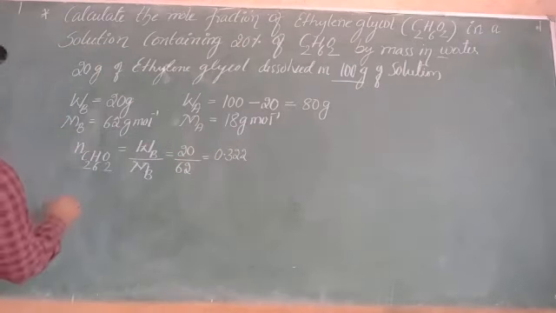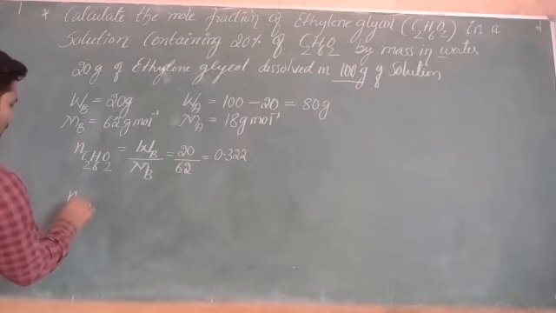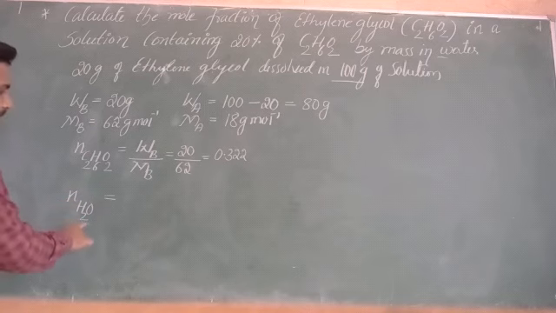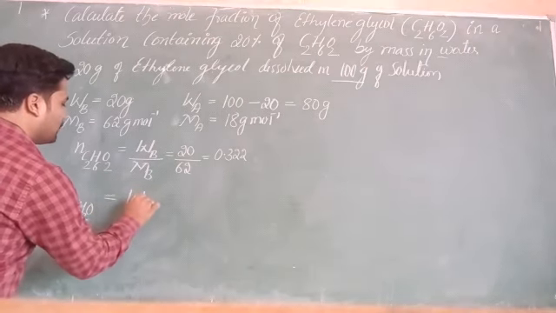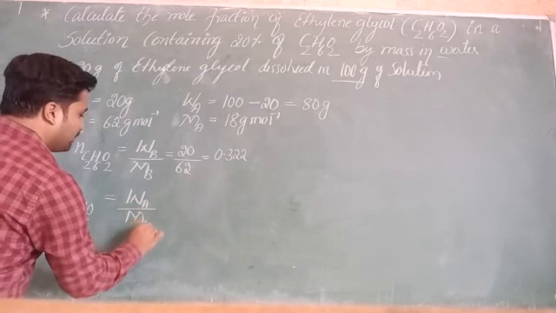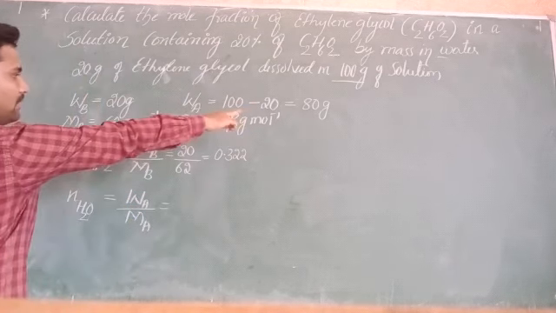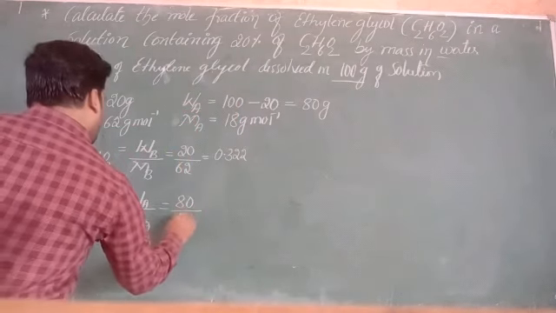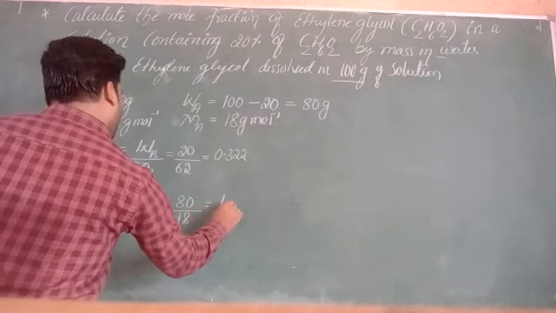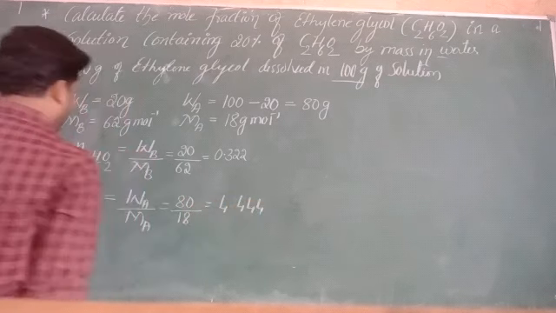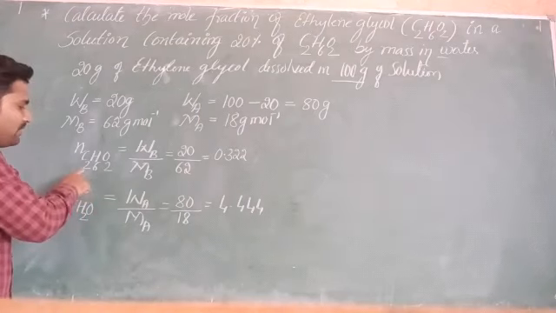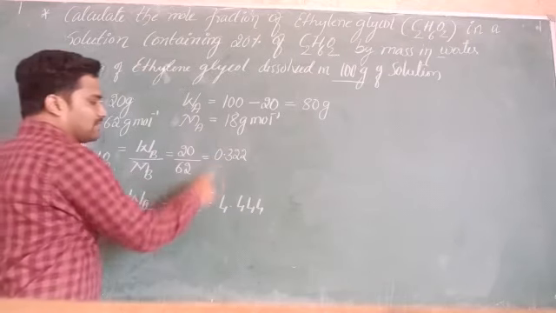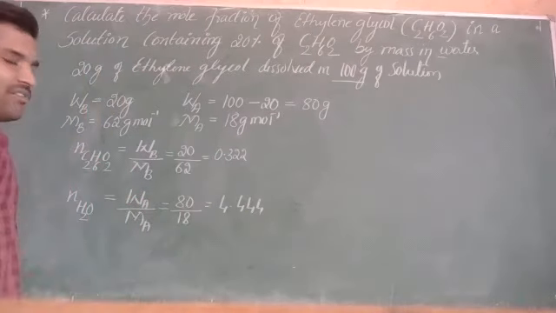So now if you calculate the number of moles of water, that is the number of moles of H2O, then Wa divided by Ma. So Wa, you know, that is 80 divided by 18. So it comes 4.444. Okay, this is the number of moles of ethylene glycol and this is the number of moles of water.